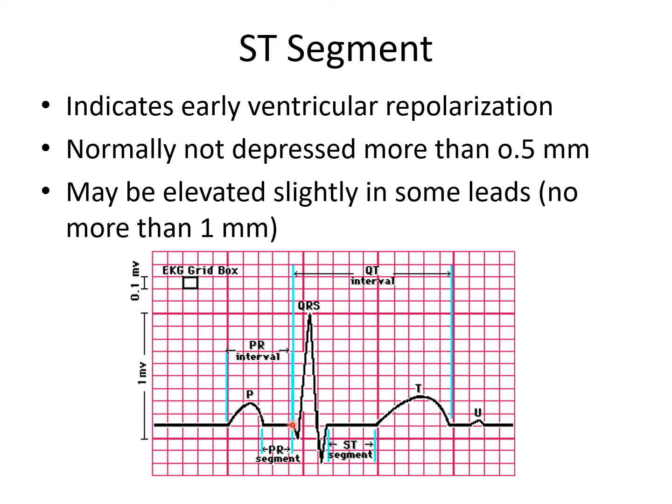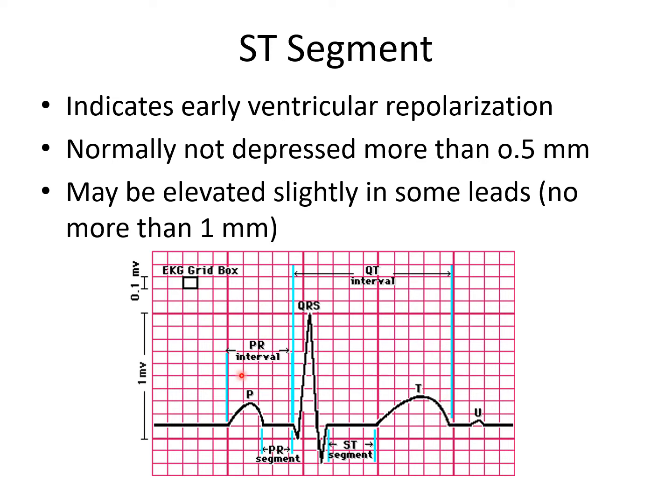The other point is placed right here at the very end of your T wave. This straight line, this measurement of time, is going to be the duration of the QT interval.